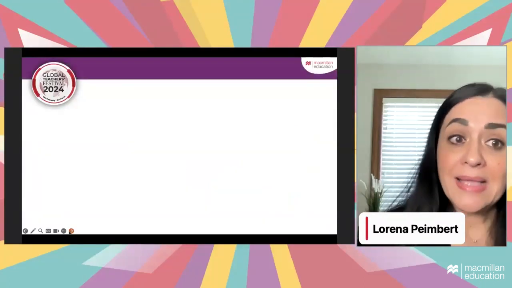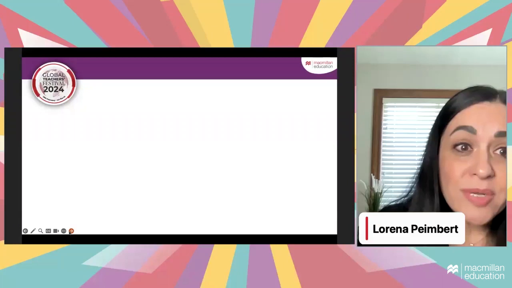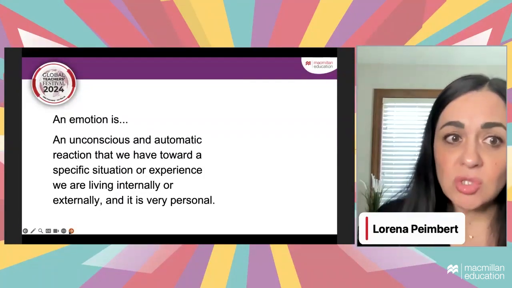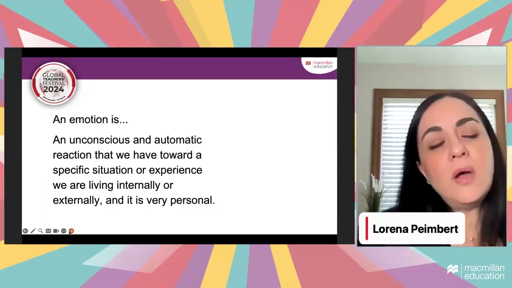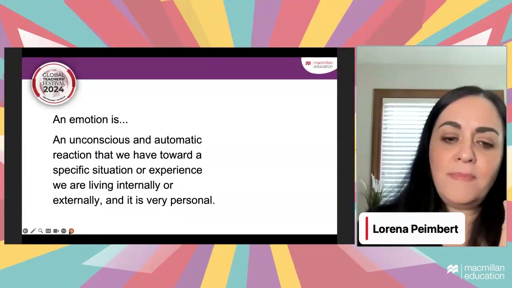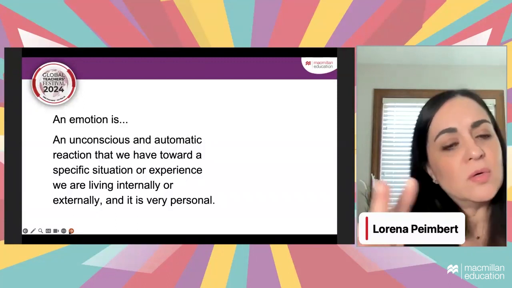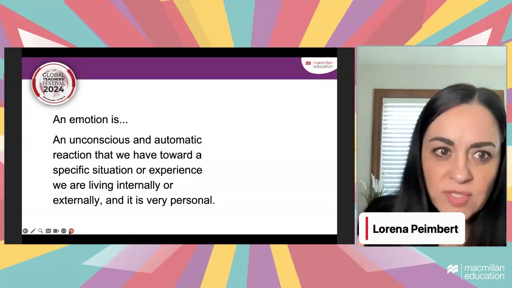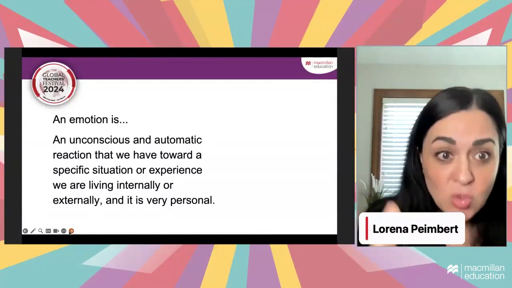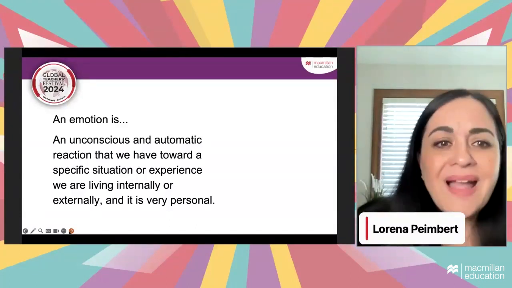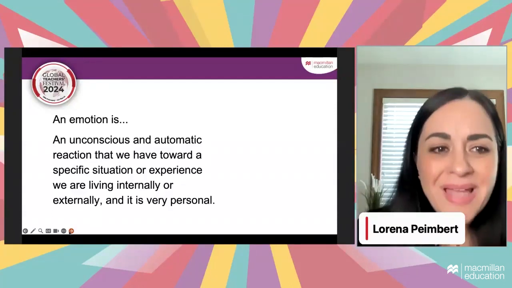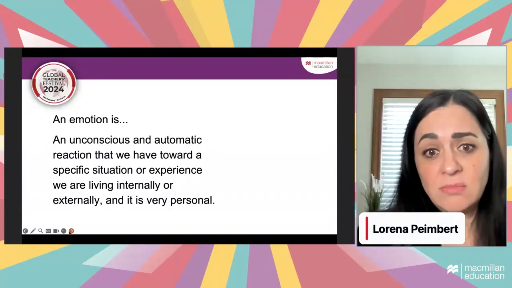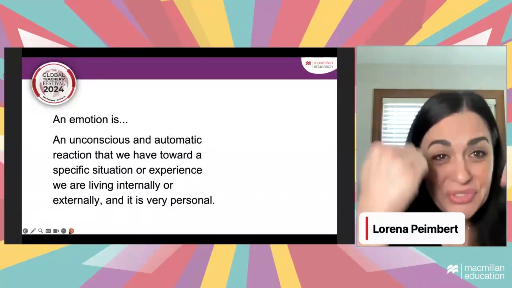And the way we respond automatically is called emotion. Obviously, as I was telling you, we have positive or easy feelings to feel, or negative or hard feelings to feel. This is directed to the hard feelings to feel, okay? So emotions, positive or negative, are unconscious and automatic reactions that we have toward a specific situation or experience we're living internally.